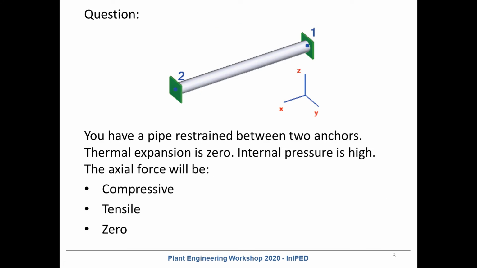Some time ago I decided to create the poll on my LinkedIn account and I asked a question. For example, you had a pipe that is restrained between two anchors. The thermal expansion is zero and the internal pressure is high. The axial force will be compressive, tensile or zero.